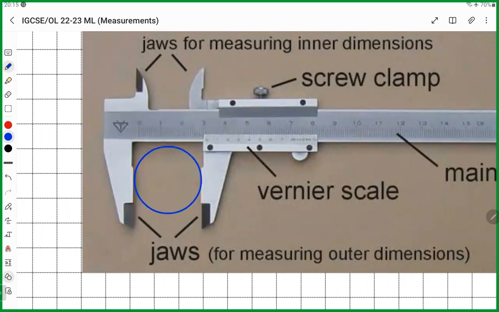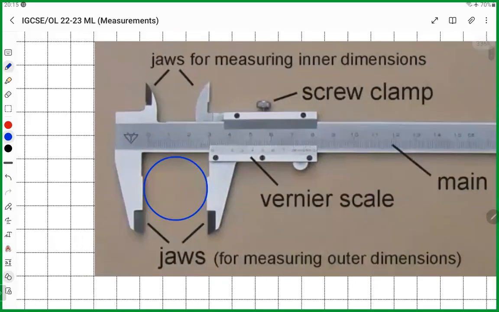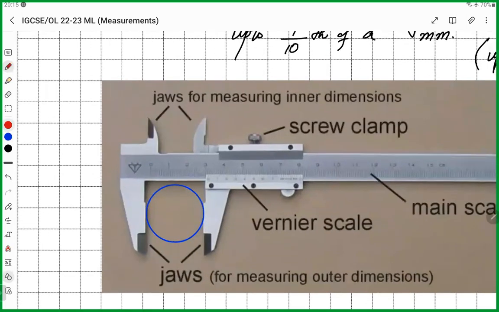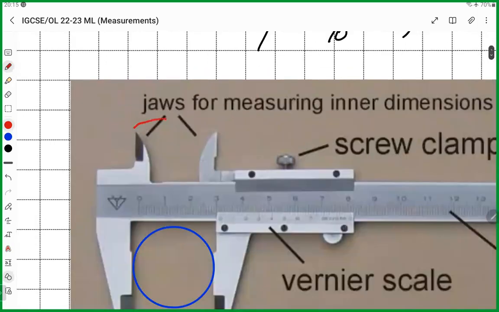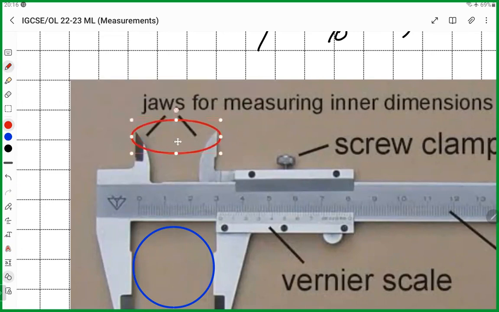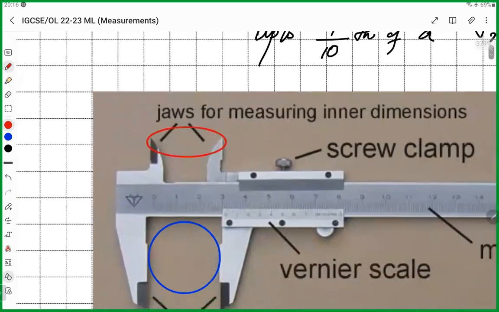But if you want to measure something internally, then how can you use the same device to measure something internally? These jaws can be used to measure something internally. All you have to do is put the object on them and then open them from inside, and they will measure something internally.